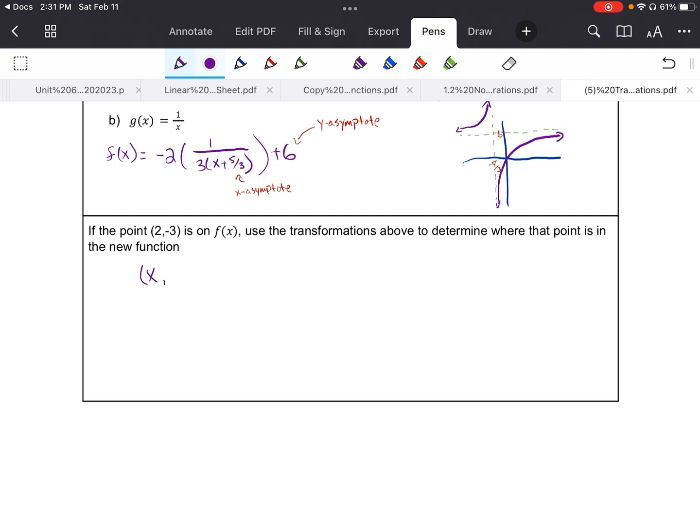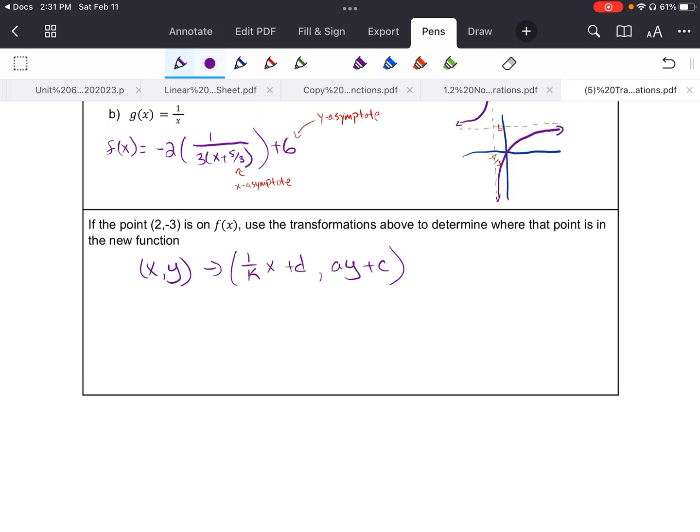Okay, and to do this, we need to work with this formula. So you're going to do 1 over k x plus d. That'll give you your x value. And a y plus c. That'll give you the new y value. Okay, so we're just going to start plugging all the information in.